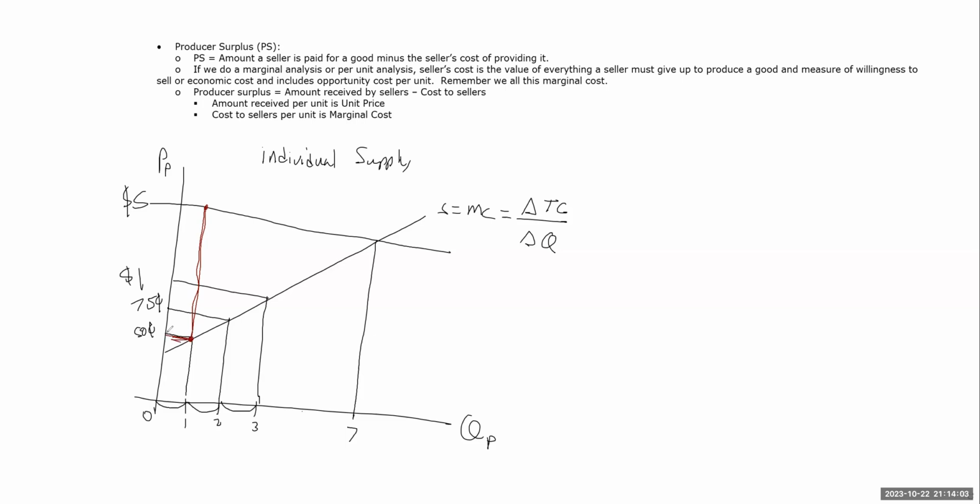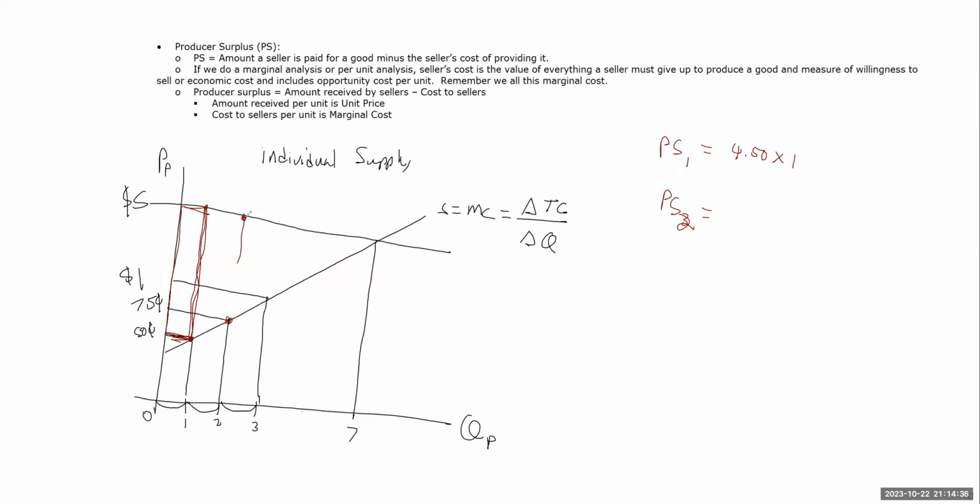So the producer surplus is the area of this rectangle right here. Okay. So the producer surplus for the first slice is 5 minus 50 cents, or $4.50, times 1. Producer surplus for the second slice is, well, the company was more than happy to sell it at 75 cents, but he again sold it for $5.